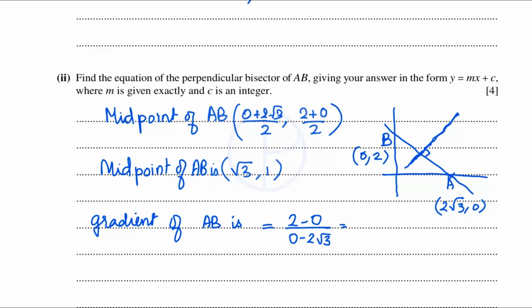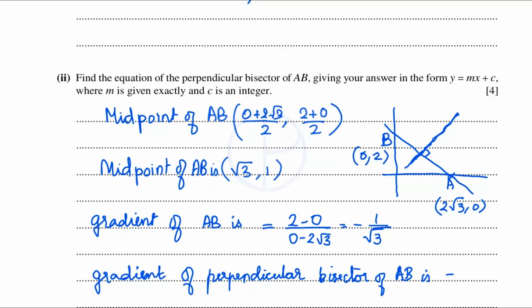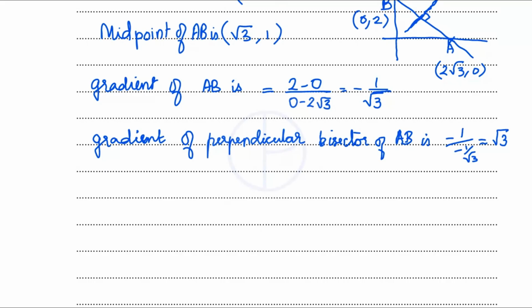On simplifying this, we get 2 divided by negative 2 times square root of 3. 2 and 2 get cancelled, so we get negative 1 over square root of 3. This is the gradient of AB. So the gradient of the perpendicular bisector is negative 1 over this gradient, negative and negative get cancelled, so we get square root of 3.